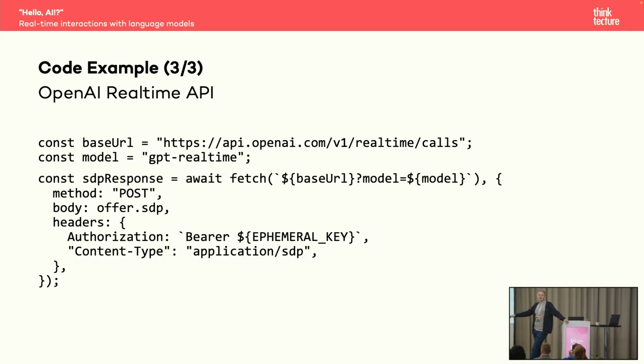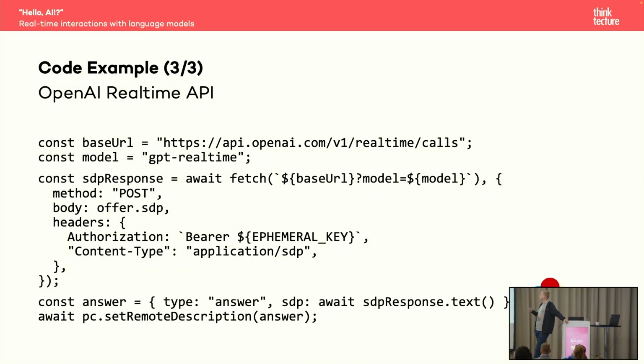That's already WebRTC details, not super interesting actually for us. It's just needed. And then basically we send the authentication info to it. And basically what we get back is the session description, which we then need to attach to WebRTC. And essentially that's it. Then we can talk to the AI model provided by OpenAI. So actually pretty straightforward.